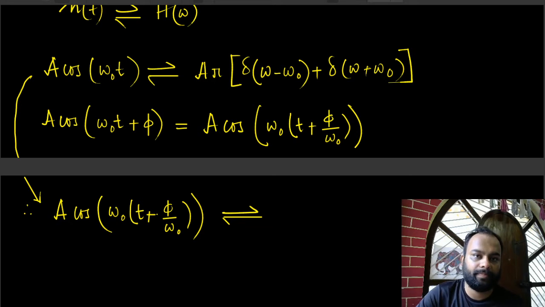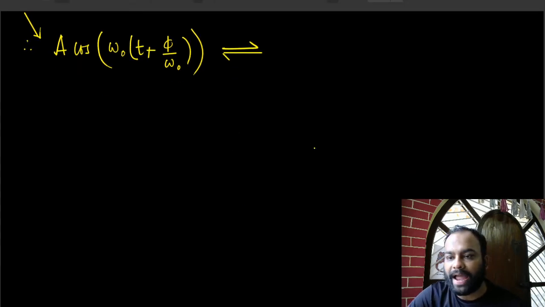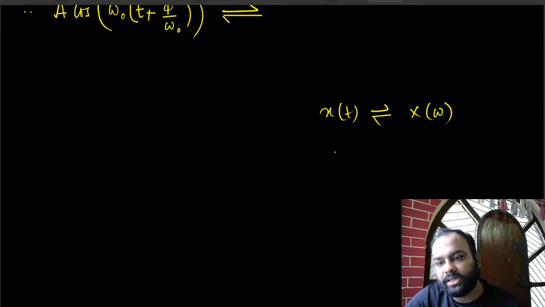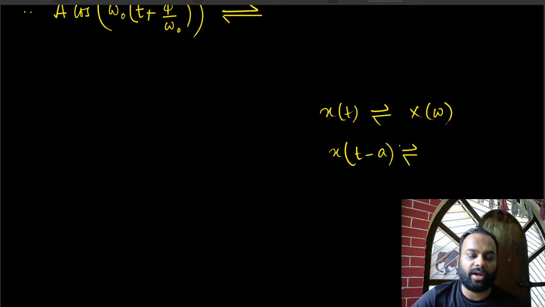Plus phi by omega naught. You probably recall that if the Fourier transform of x(t) is X(omega), then what is the Fourier transform of x(t minus a)?